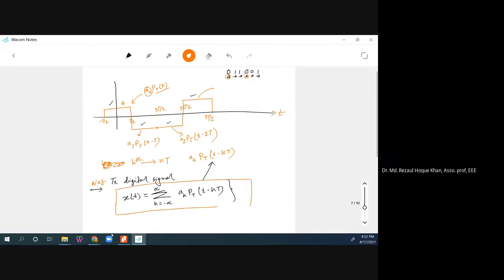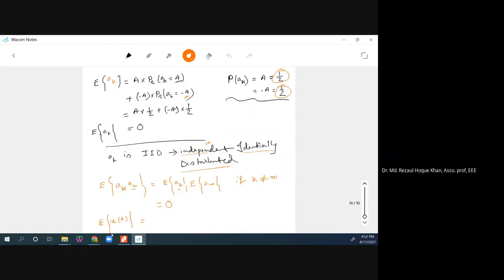The expected value of this signal is nothing but the previous signal.